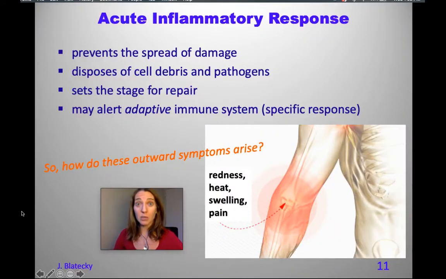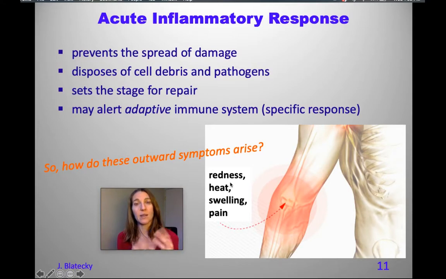So while that last image was really focusing in on the initial stages that would trigger a neutrophil to leave the bloodstream, that would cause it to leave the capillary, that is also at the core of the acute inflammatory response. This is something we're all familiar with, right? Some of the cardinal signs: redness, heat, swelling, and pain.